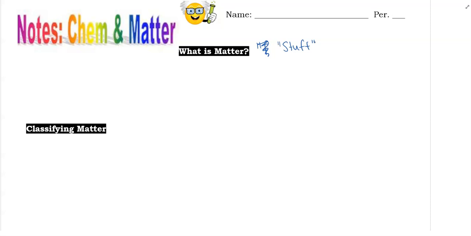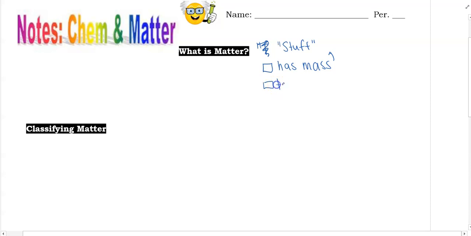What is its composition? And there's two criteria when it comes to matter. One, it has to have mass. That's the stuff we talk about. And the other thing is it has to take up space. So these are the two things that are part of our criteria for matter.